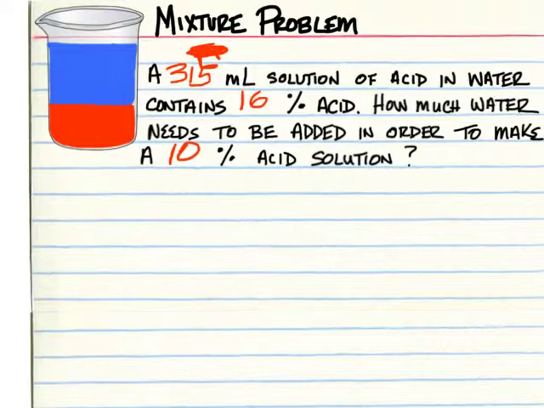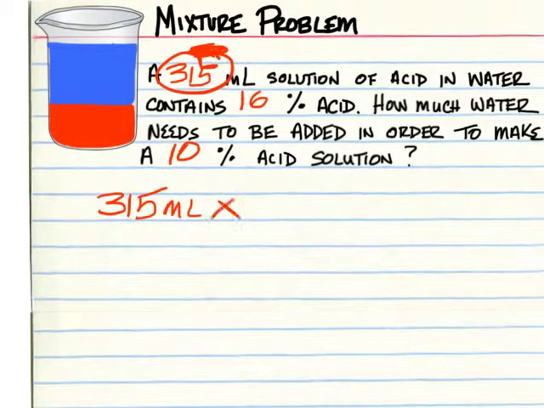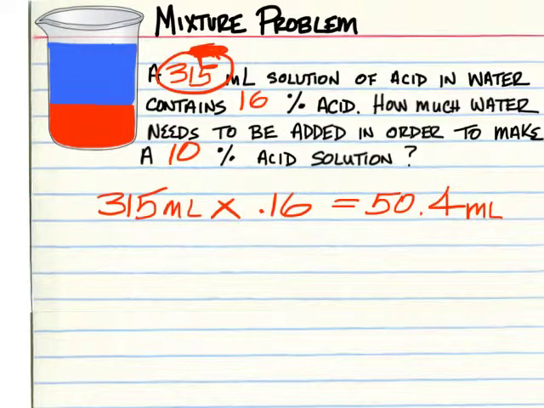So we're going to find out how much of this 315 milliliters is acid in milliliters. So we have 315 milliliters times 0.16. So 315 times 0.16 is going to be 50.4 milliliters. That's how much acid that is in milliliters.